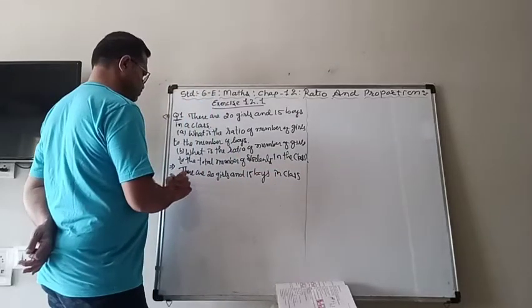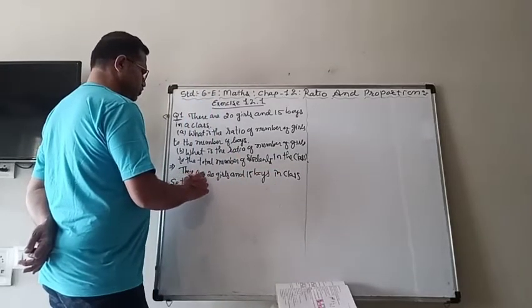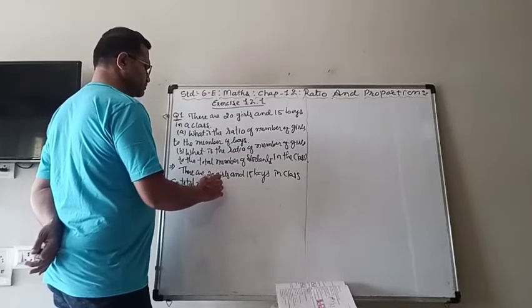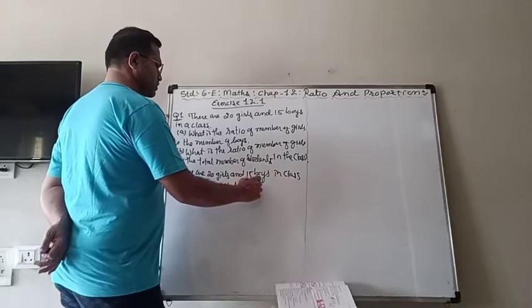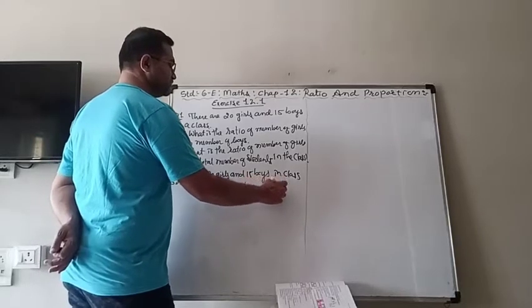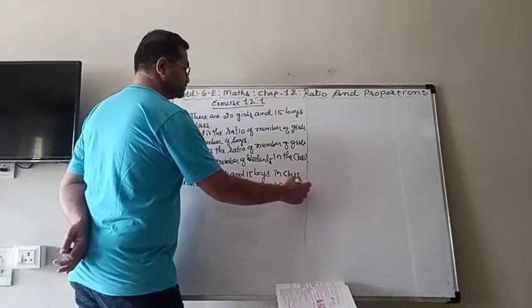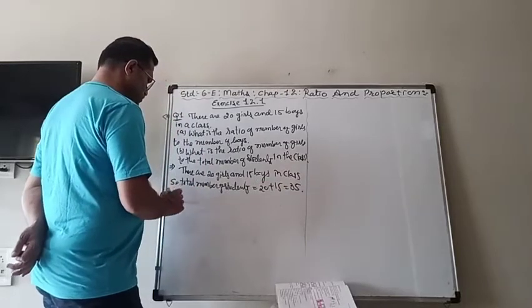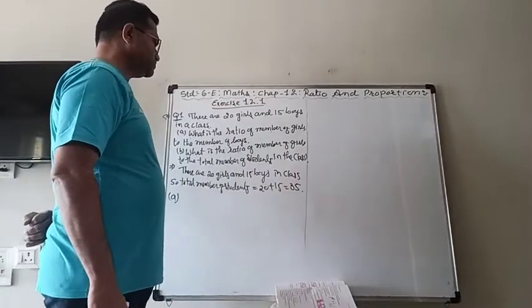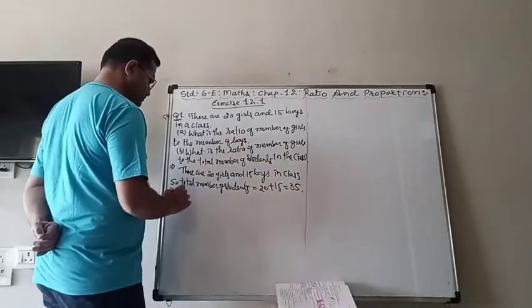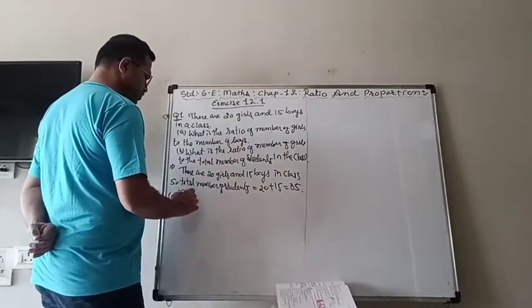So the total number of students is equal to 20 plus 15, that is 35. Now first we have to find the ratio of the number of girls to the number of boys.